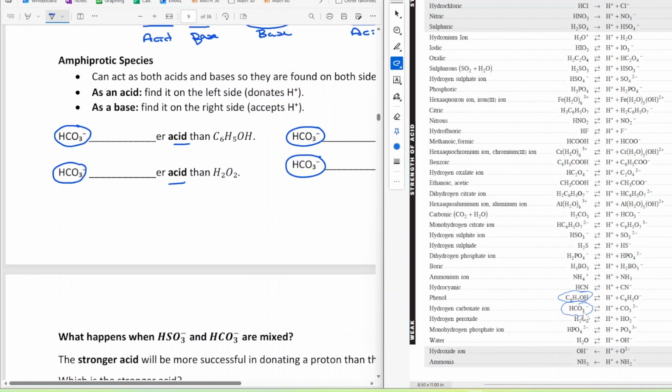If I look at these two, HCO3 minus is a weaker acid than phenol, a weaker acid than C6H5OH. Whereas if we compared it to H2O2, hydrogen peroxide, it is actually a stronger acid. That's it acting as an acid.